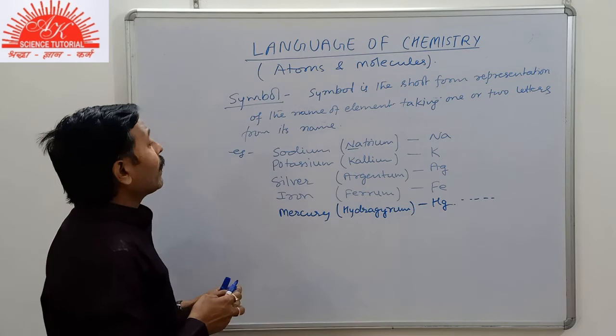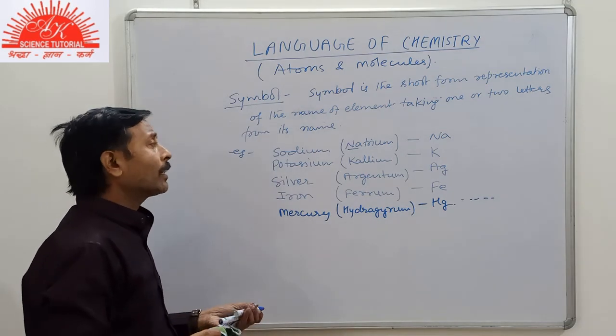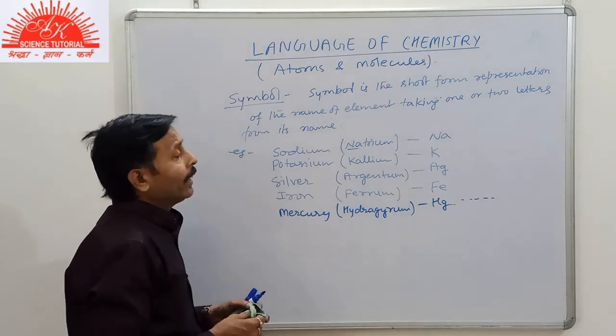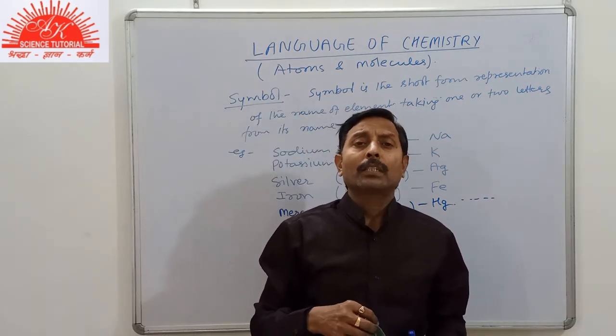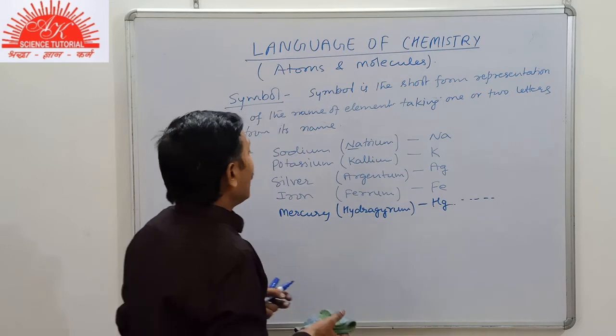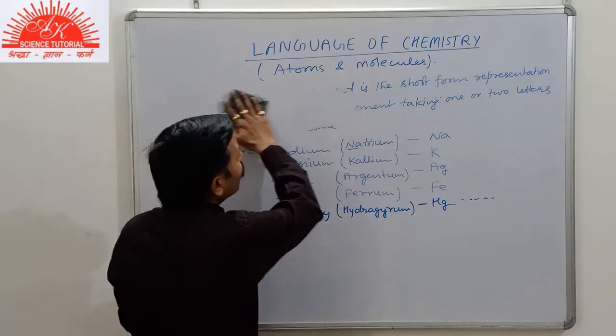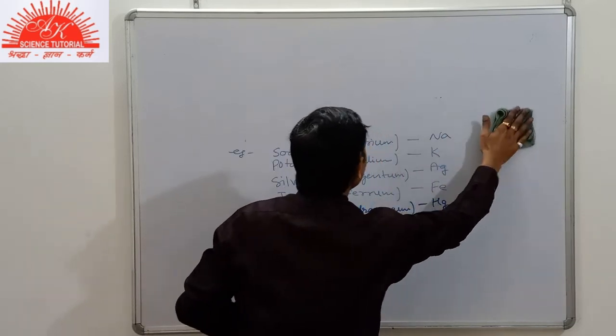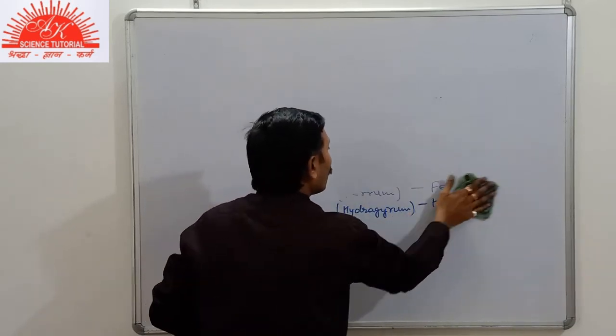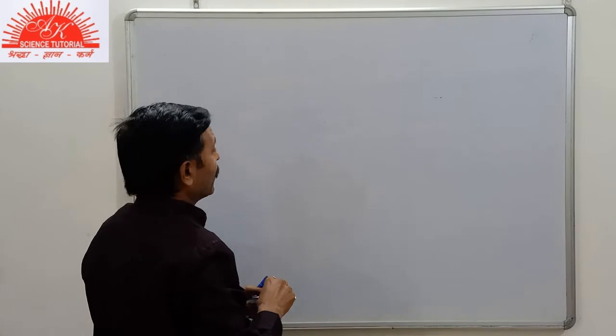So these are the symbols of some of the elements taken here. Now, students, as you will proceed, as you will study further, more and more elements and their symbols will come to you. Now, what is the significance of a symbol?